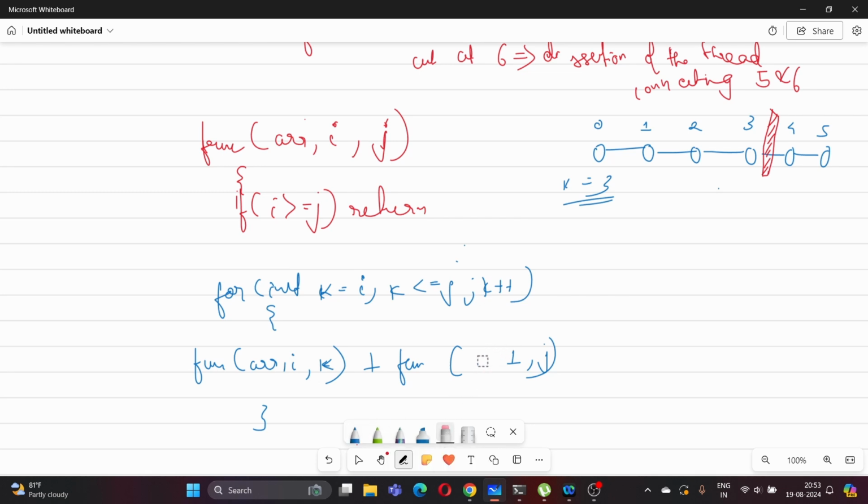Pardon my handwriting, but k plus 1 to j in this case. Okay, understand this one. This is the critical part.